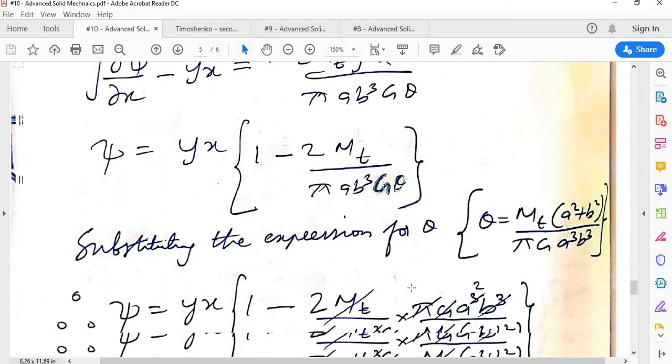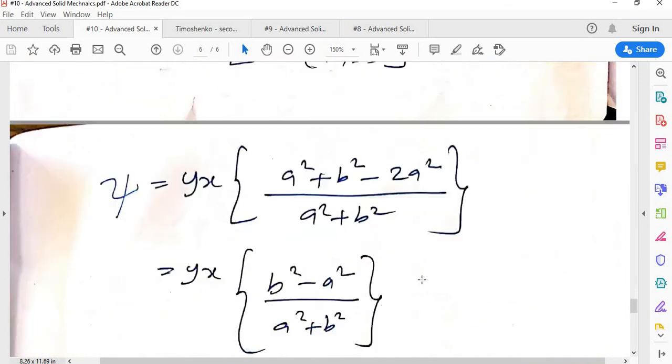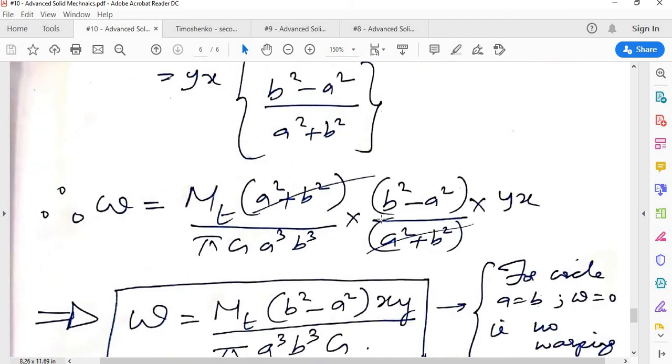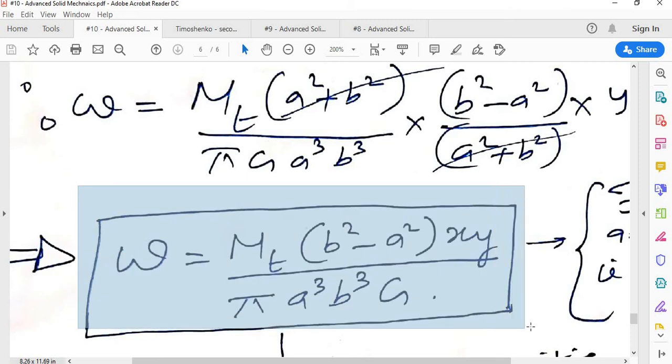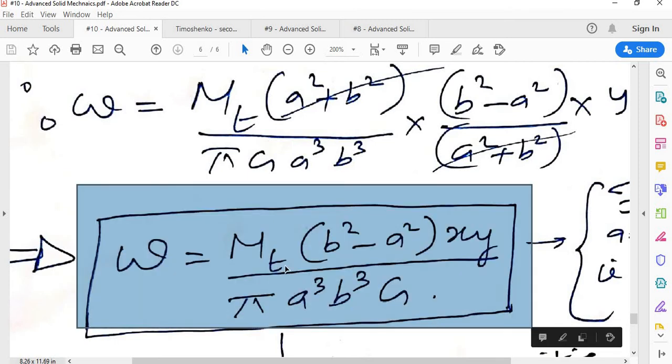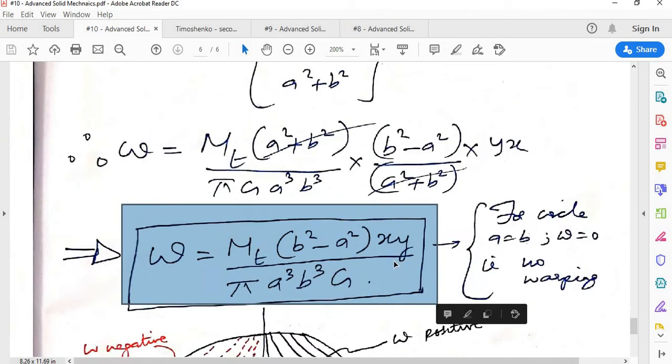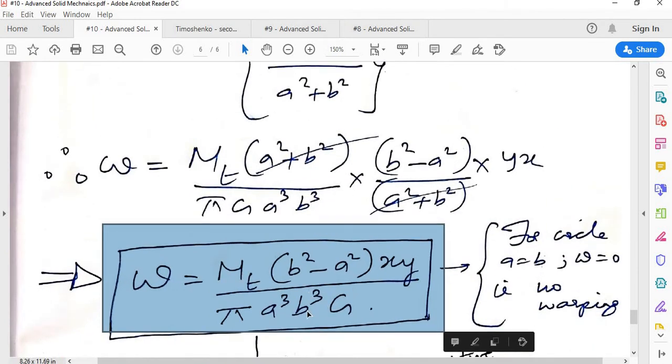So doing the necessary substitutions, the warping function will simplify to the following expression: m_t (b square minus a square) into xy, by pi a cube b cube G.